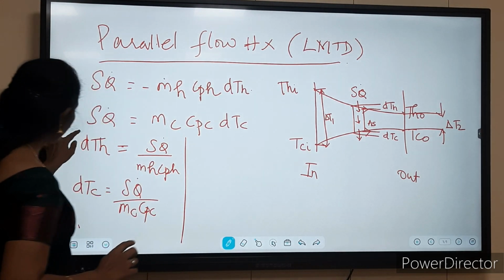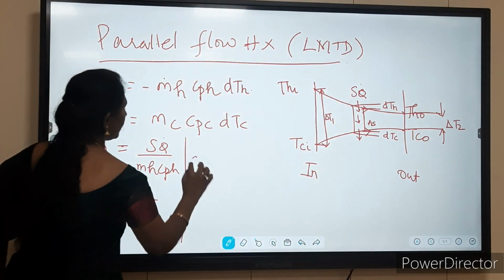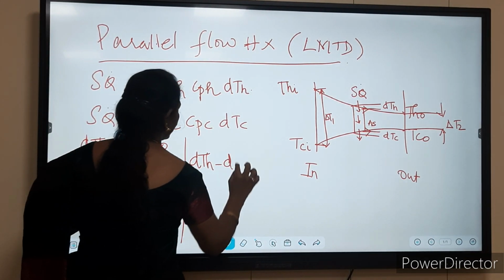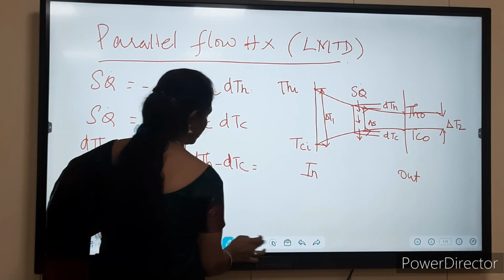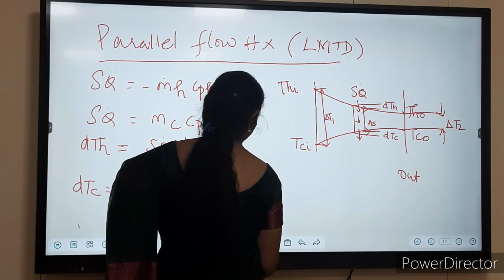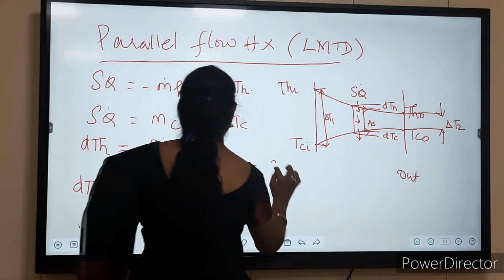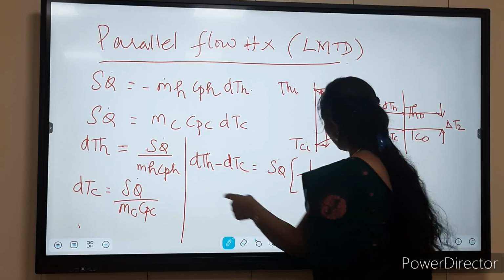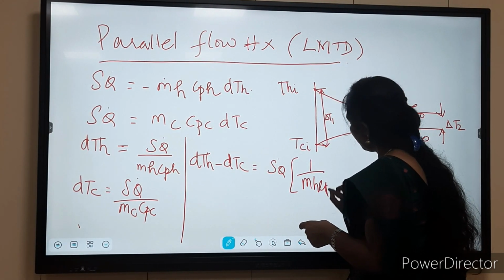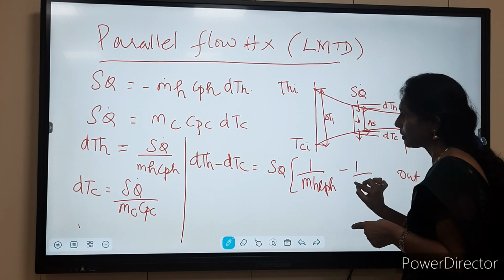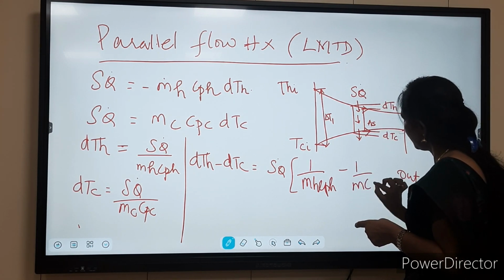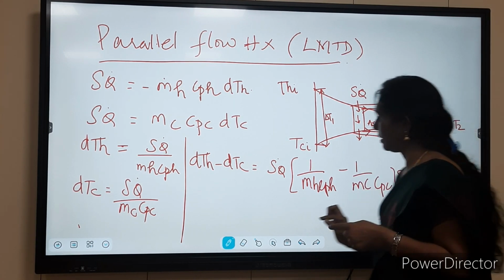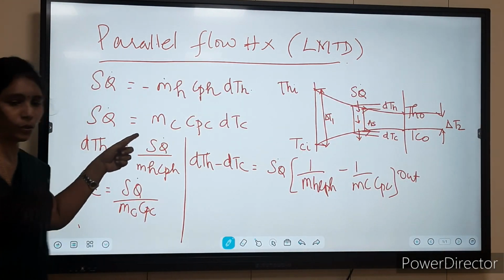And let's put it here. Now, subtracting these two equations, what will I get? dTH minus dTC equal to del Q is common, so I will write 1 by mH CPH minus 1 by mC CPC. I hope it is clear till this.